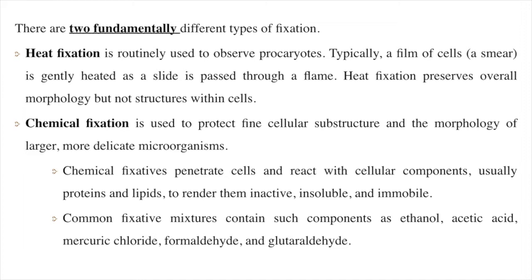There are two types of fixation. What are they? They are heat fixation and chemical fixation. Heat fixation means we are fixing the microbial cells through heat. This is the routinely used process to observe prokaryotic microorganisms. In the heat fixation process, typically a film of cells or a smear of cells is gently heated by passing it through a flame.